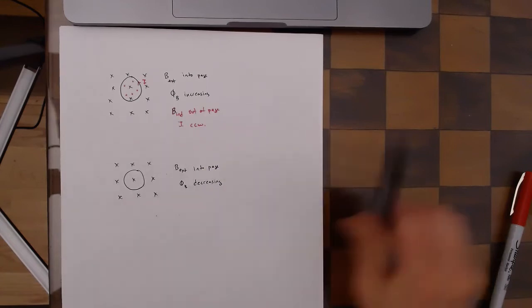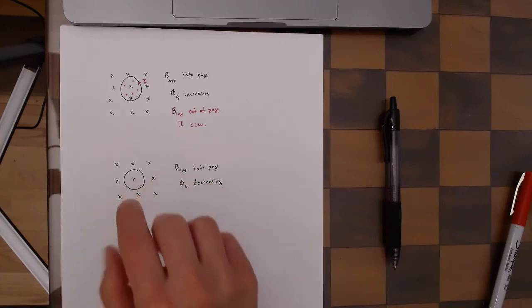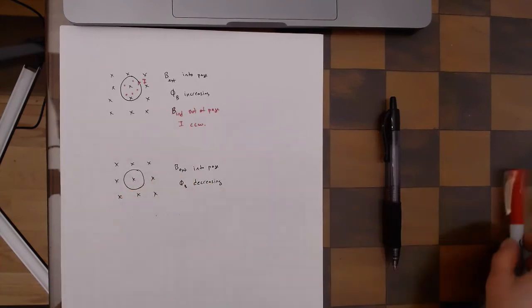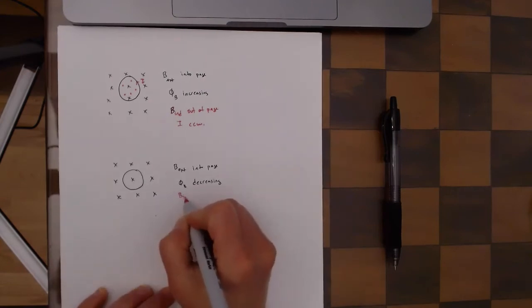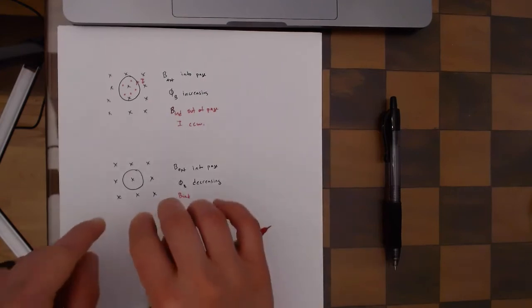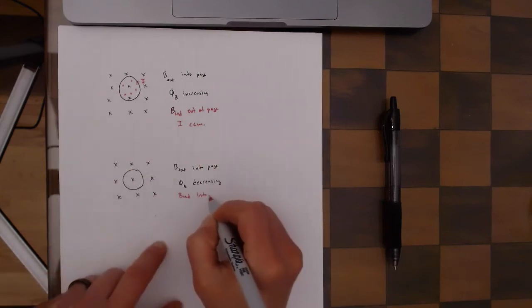So now what you have is this flux that's going into the page, but you're getting less and less of it. And so the B induced wants to get it back to what it was. Because you're getting less and less, the B induced wants to put more into the page.